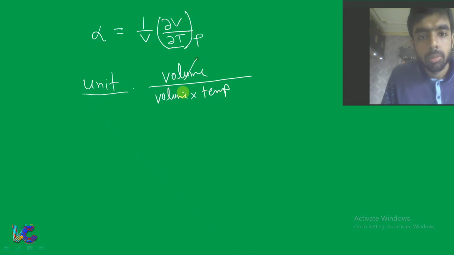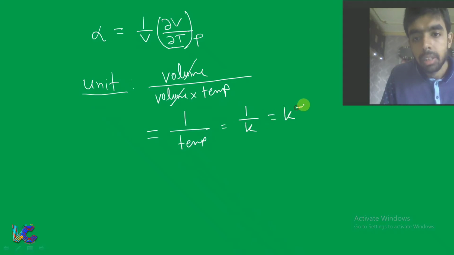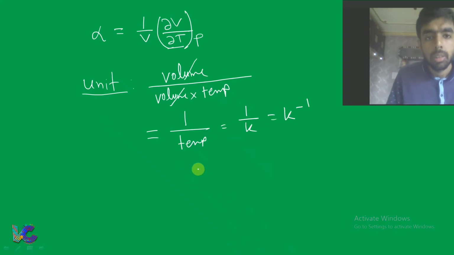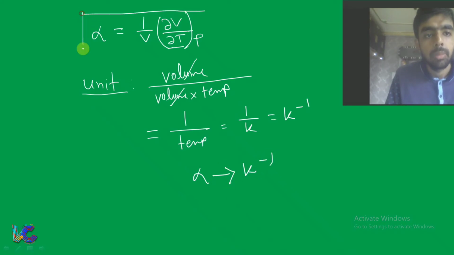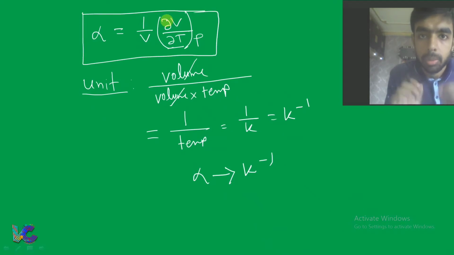That means the volume unit will cancel out. So 1 by temperature unit will be there. That means temperature is in Kelvin, so 1 by Kelvin. That means Kelvin inverse is the unit of alpha. So the unit of alpha is Kelvin inverse, and the mathematical expression of alpha is 1 by V del V del T at constant P. Fine.